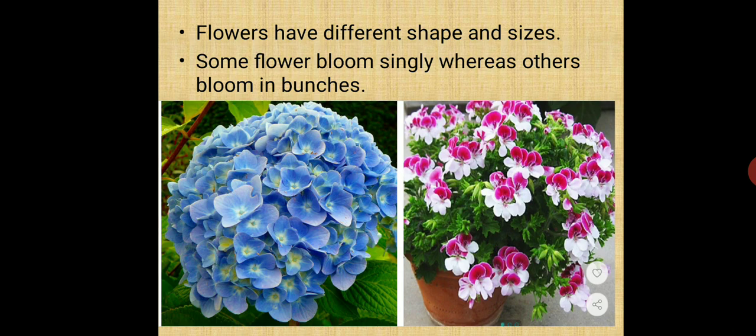So it states that flowers of different plants have different shapes and different sizes. Some flowers bloom singly, means they grow up single, but in some plants flowers bloom in bunches. You can see in the picture the flowers are in bunches.